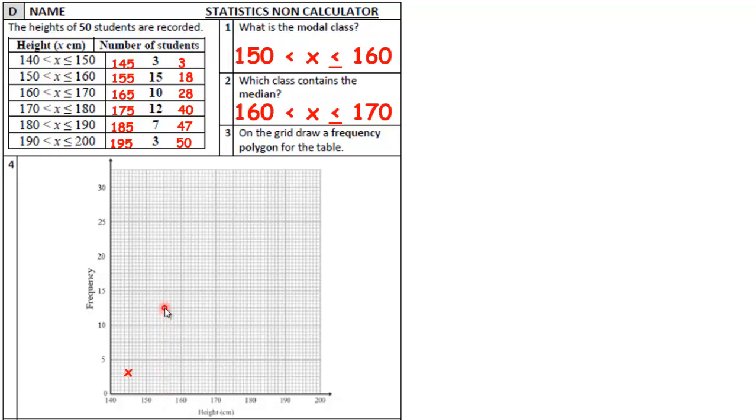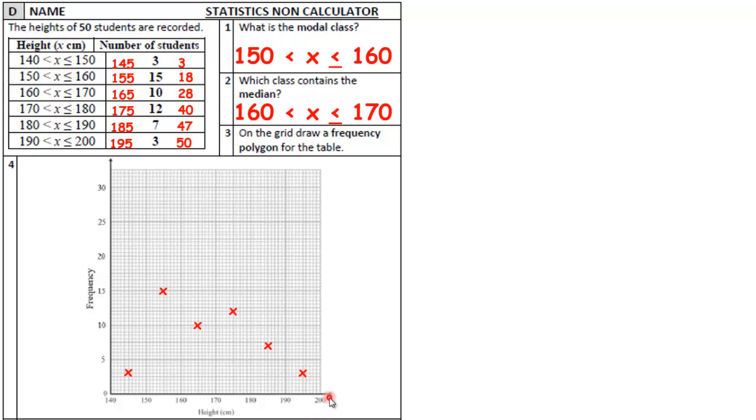It's the frequency that I'm plotting, so I need to go up to 15 and plot that. 165, I need to go up to 10 and plot that. 175, I need to go up to 12, so be careful with that, and plot that. 185, I need to go all the way up to 7, so that's 5, 6, 7, and then 195, I need to go up to 3 to plot that.